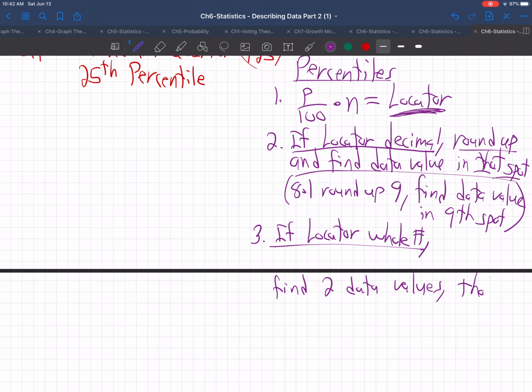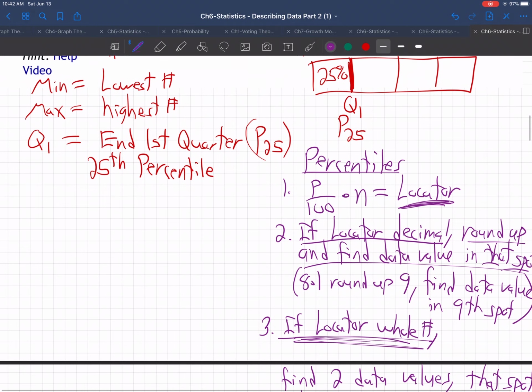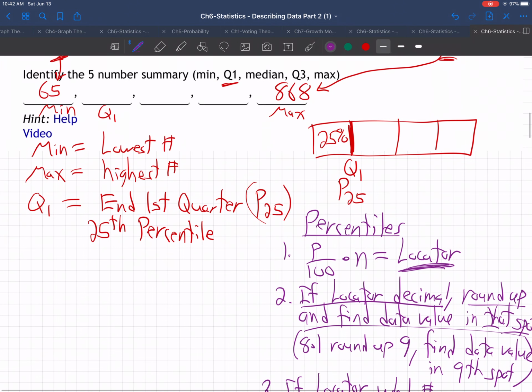That spot, and the next spot, and you average them. You add them and divide by 2. You take the average of them. So if it's a whole number, you average 2 data values. So, all right, let's get back to this problem then.